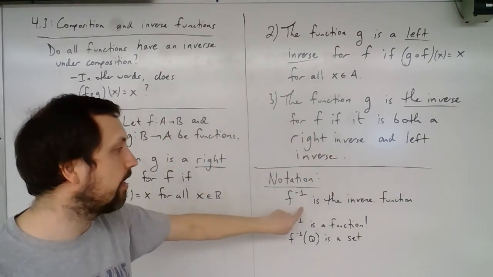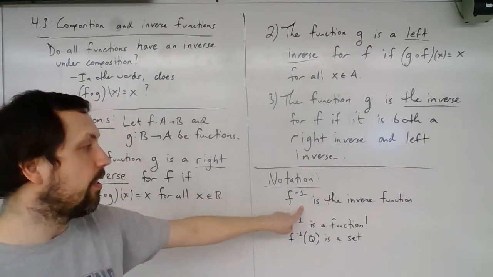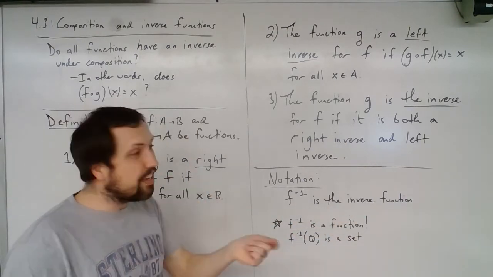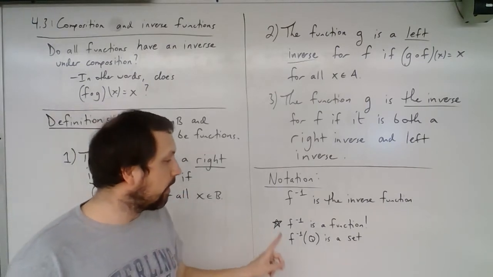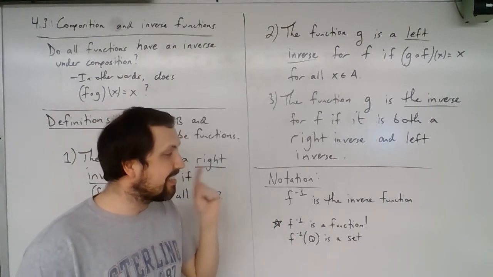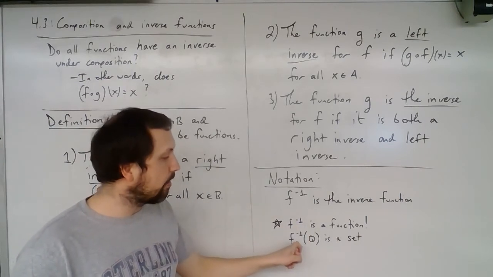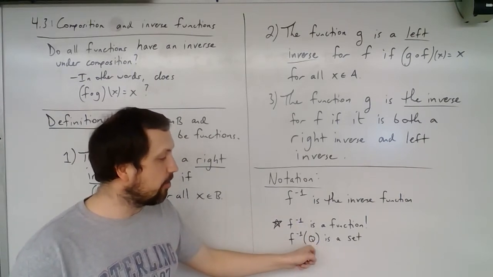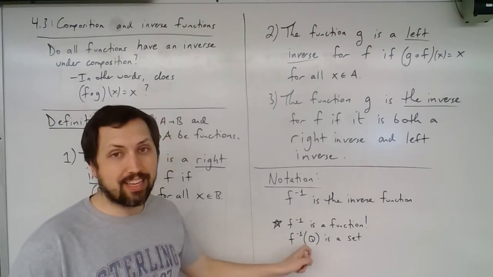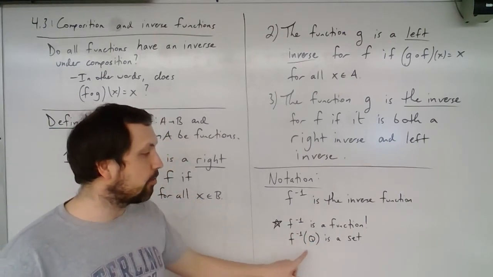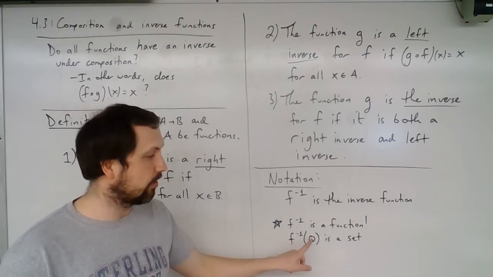Notation: F inverse, which is F to the negative 1, is the inverse function. Now this is different, because we're saying that this is now a function. But if I put F inverse of a set Q, this was my inverse image, which is nothing more than a set. Remember, this is not assuming that we have an inverse function.